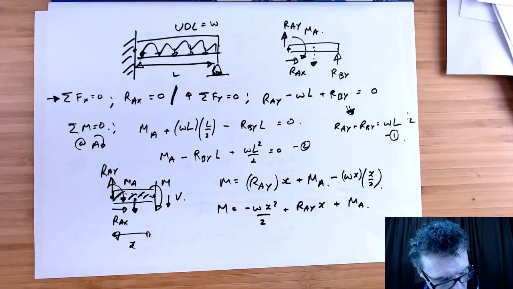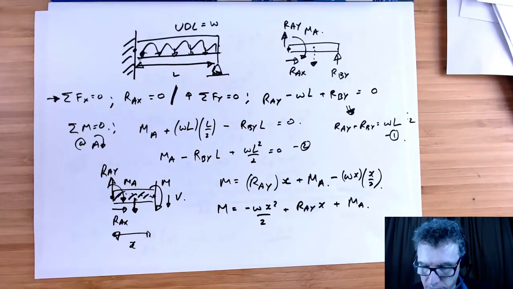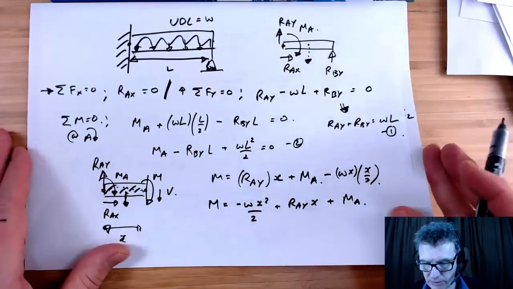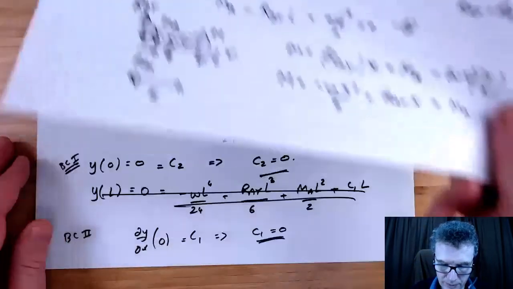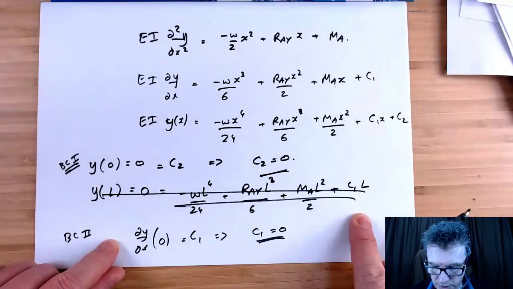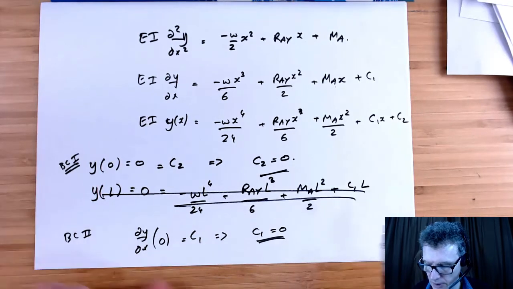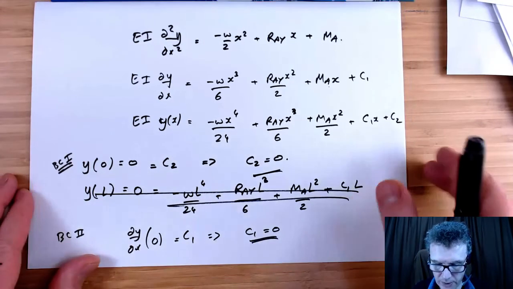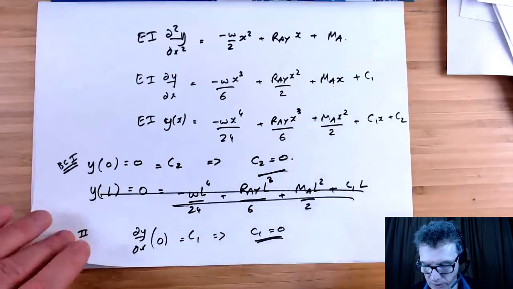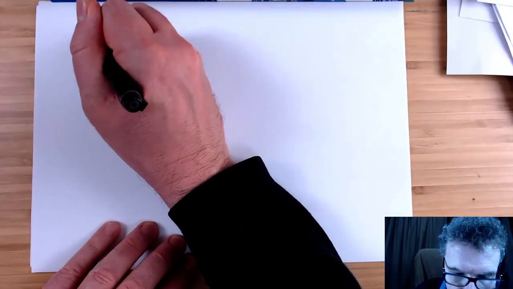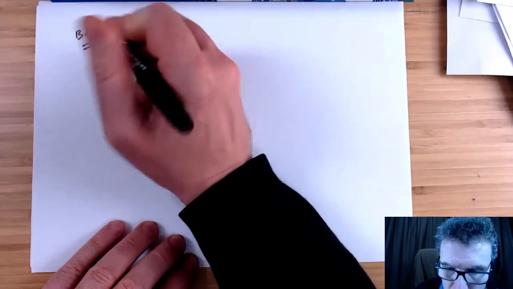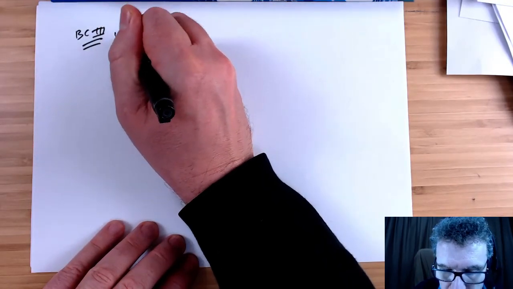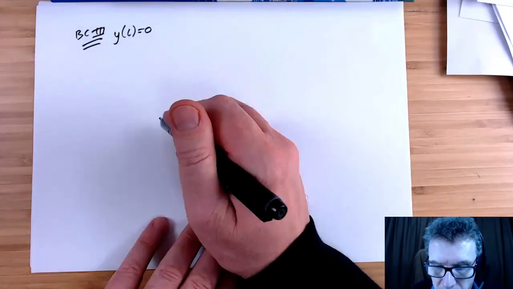What am I going to do next? Third boundary condition I need to have is, let's use this boundary condition that I scrubbed out. Although C1 equals 0, and I now know that. So that gives me boundary condition 3, which is when x equals L, y needs to equal 0.